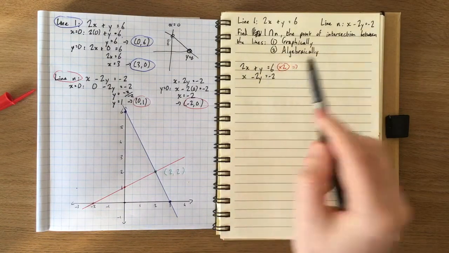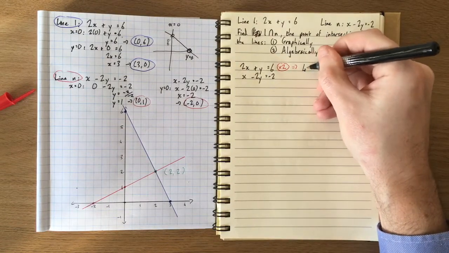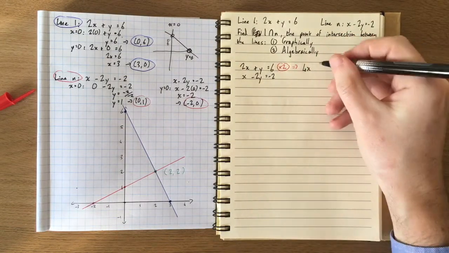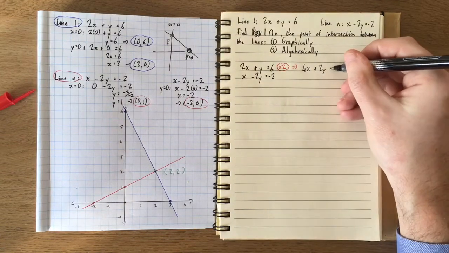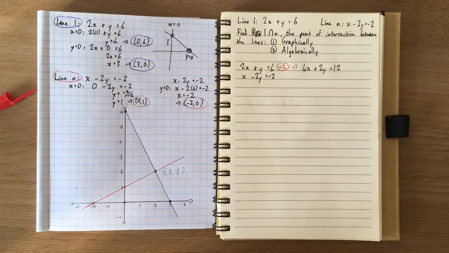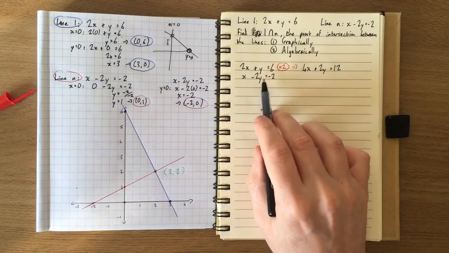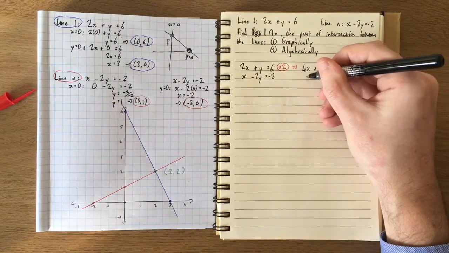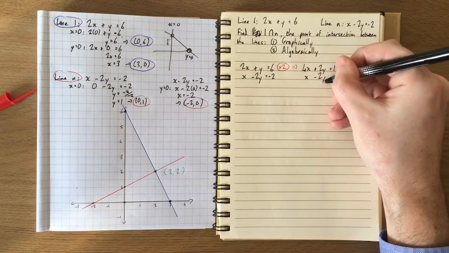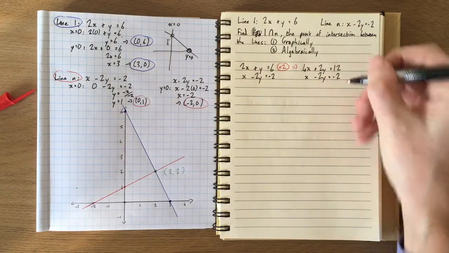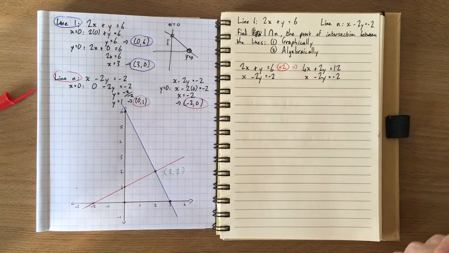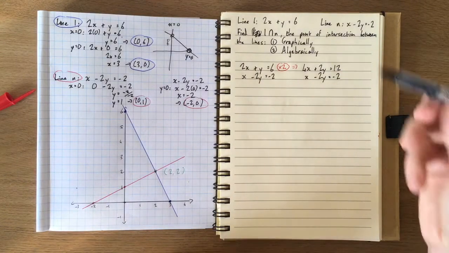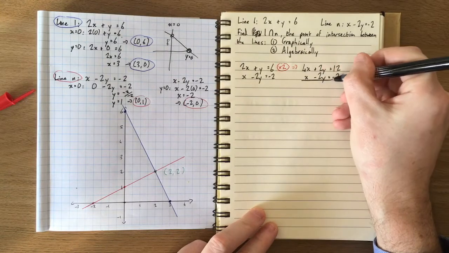So 2x multiplied by 2 is 4x, y multiplied by 2 is 2y, 6 multiplied by 2 is 12. I'm not multiplying the second one by anything, so just x minus 2y is equal to minus 2. So I've got my 2y here and my minus 2y here, so I'm ready to put these together.